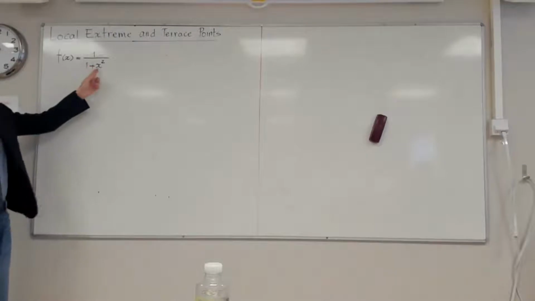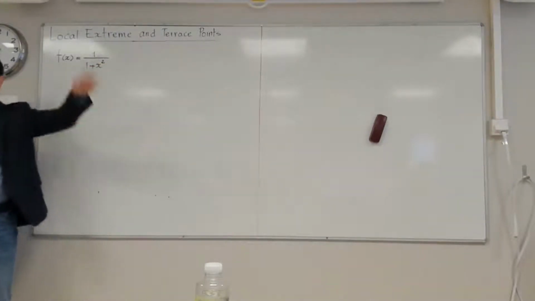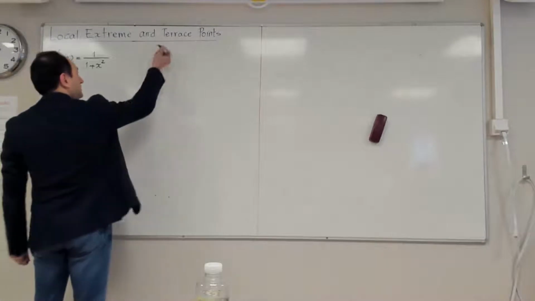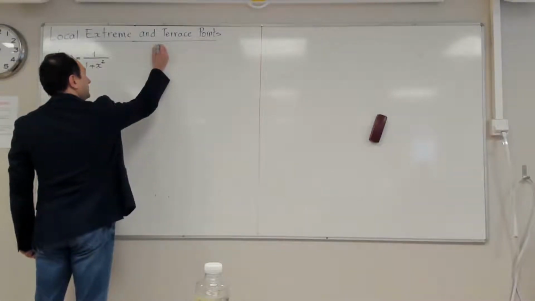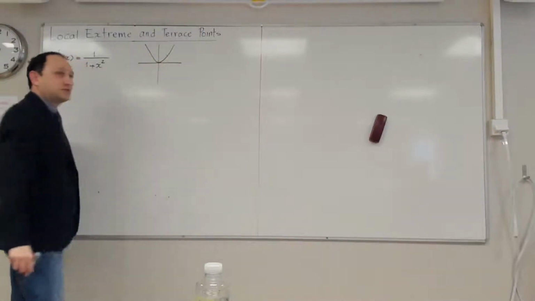Because x squared is not that kind of function. If you increase it on the positive side, yes, it is going up. But if you increase it on the negative side, it goes down. If I ask you what is the graph of the function, you see the graph of the function x squared is something like this.